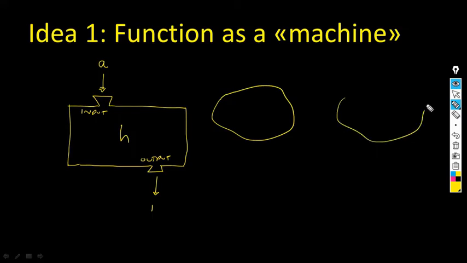So I'm gonna draw here 2 sets, and this set is gonna be the set of letters of the alphabet. So what this machine H is doing is taking the letter A and associating it to an output of 1.